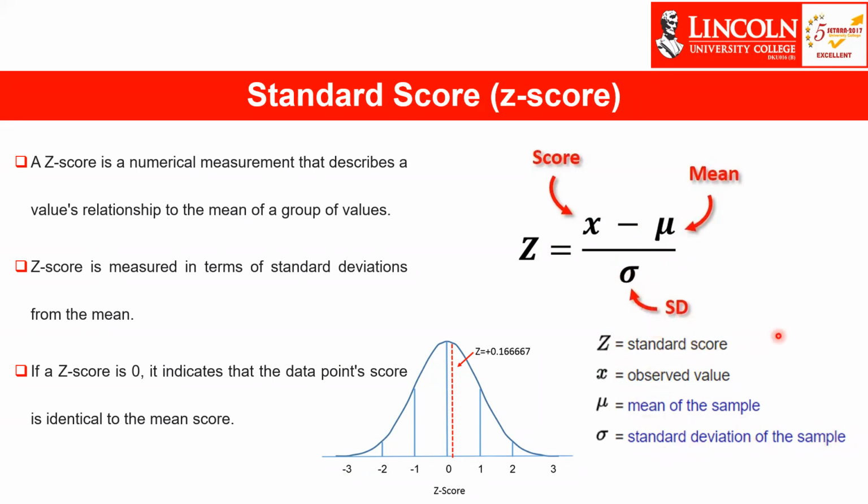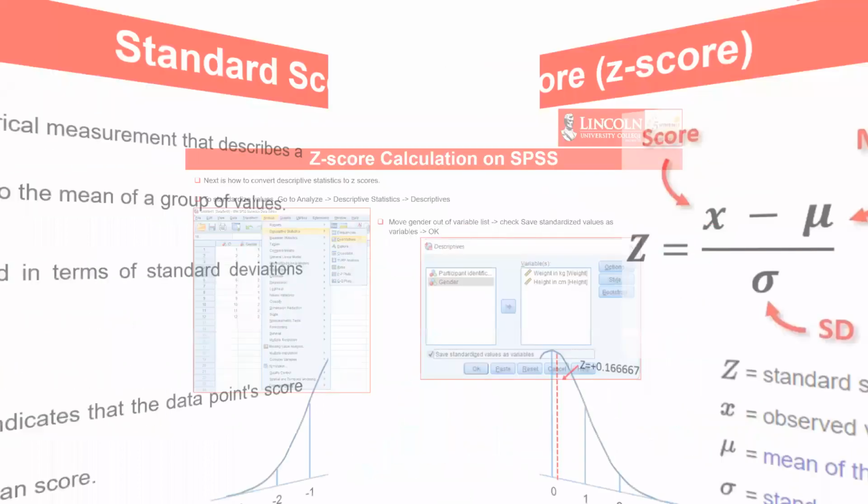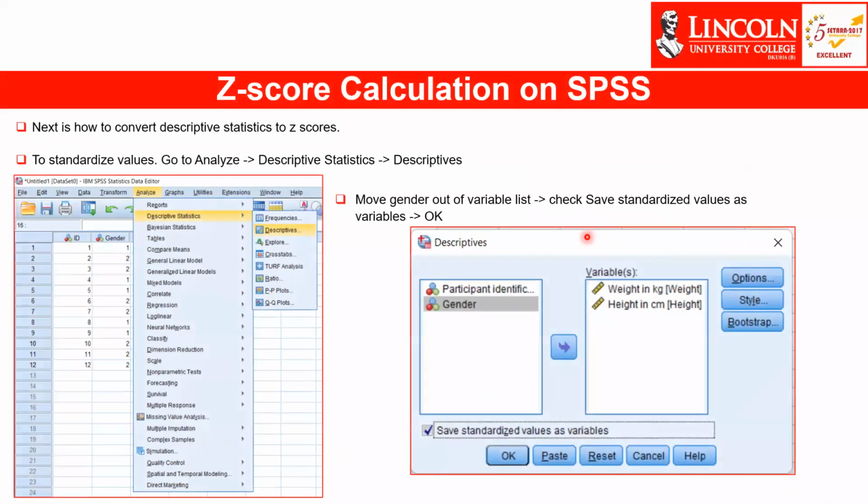Okay, so let's see how this can be computed. Assuming that I want to check my Z-score for my height and weight, I can straight away go to analyze. I want to compute my Z-score for my height and weight variables.